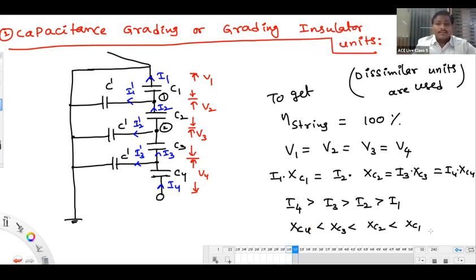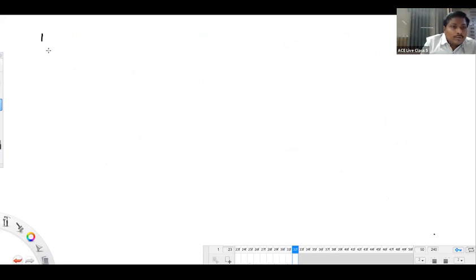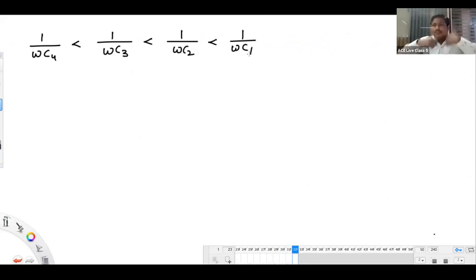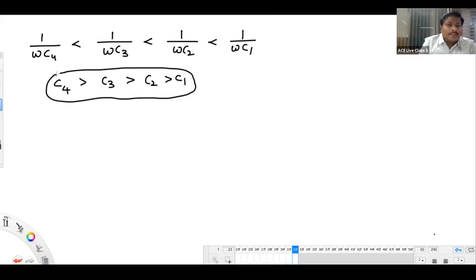So I can say 1 by omega C4 is less than 1 by omega C3, 1 by omega C2, 1 by omega C1. Omega cancels out. Take the inverse: C4 is greater than C3, greater than C2, greater than C1. These are the capacitances you can see.